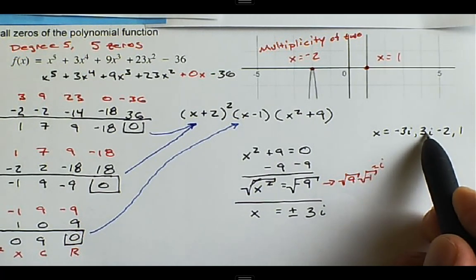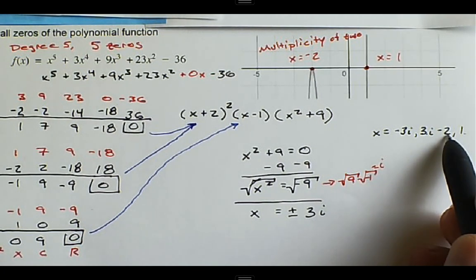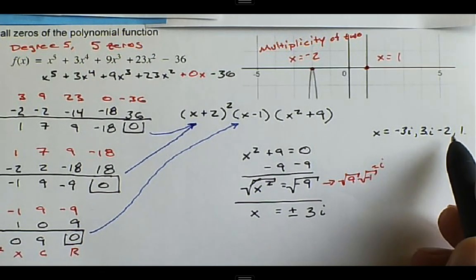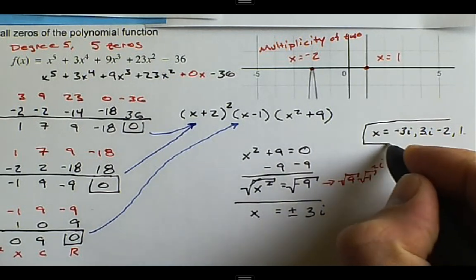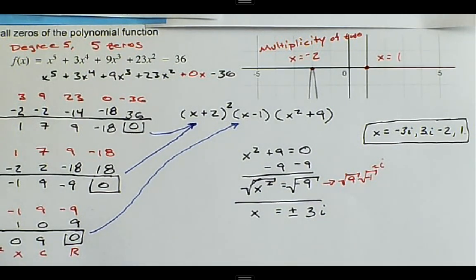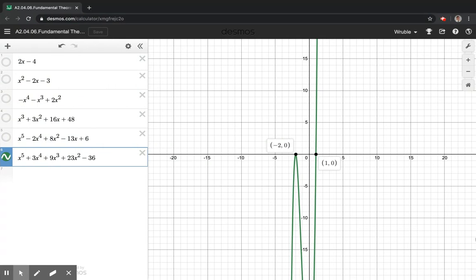So that's 1, 2, 3, and then we have a double root or multiplicity of 2 at negative 2, so that is 4 and 5. And if we go back to our function, we see that we have our double root at negative 2, and we have just one solution at 1, and so our work matches our graph.